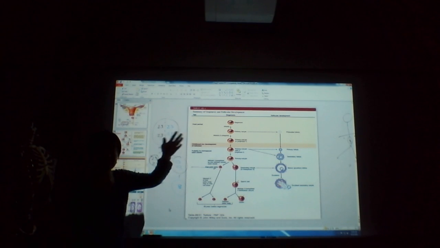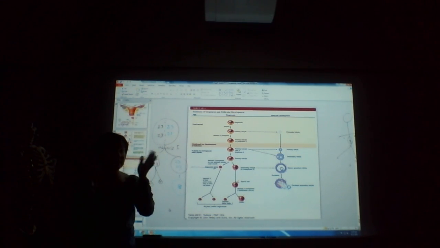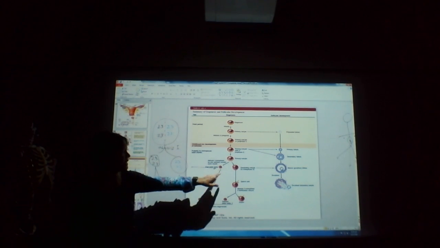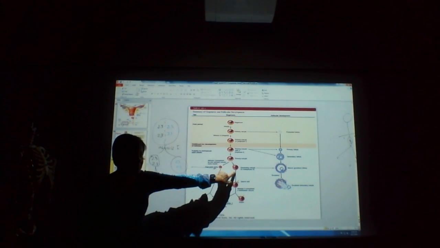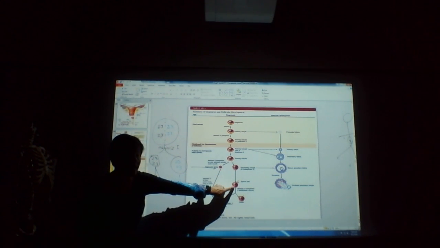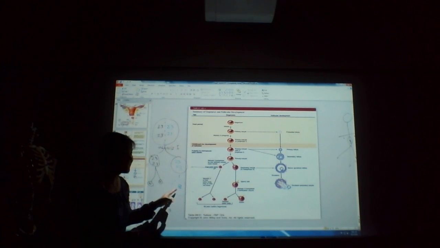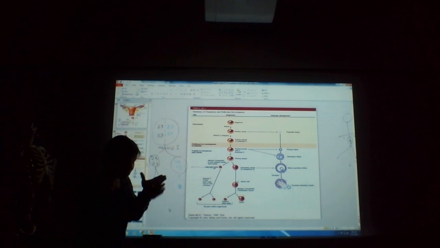Then, my menstruation lasts about 5, 6, 7 days, right? By 6, 7 days, it has proceeded with meiosis 2. And then, by day 14, I ovulate, right? I'm ovulating this egg. This egg that I ovulated is at metaphase 2 of meiosis 2.